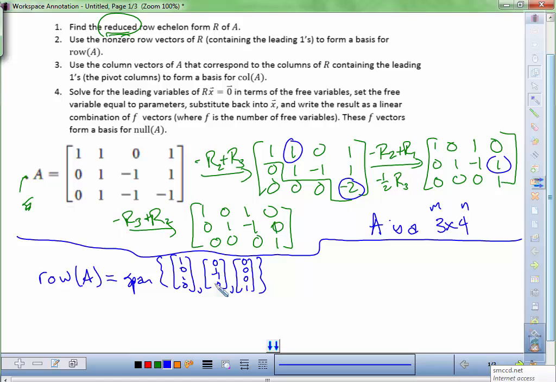So this is the row space. This is a basis for the row space. So the row space is equal to the span of this, and these 3 vectors form a basis for the row space of matrix A in R4.